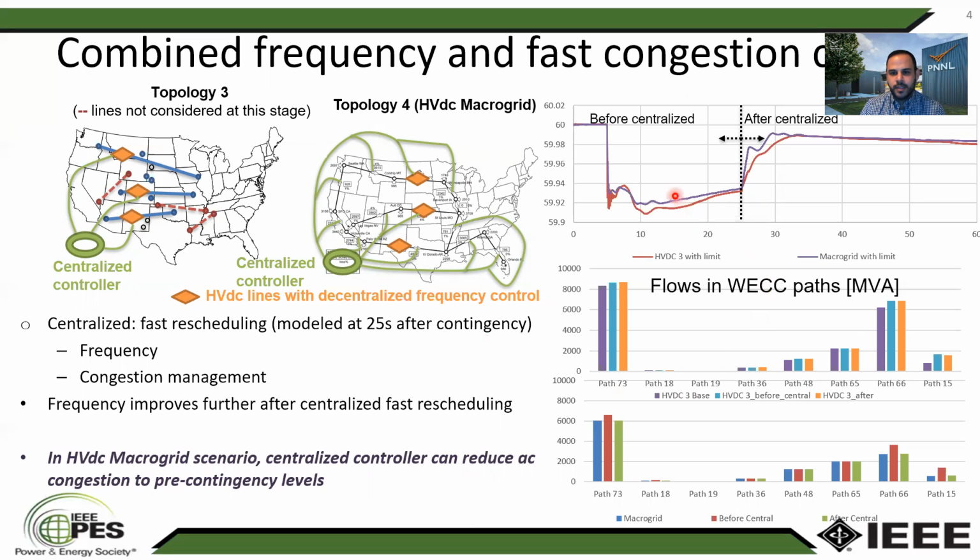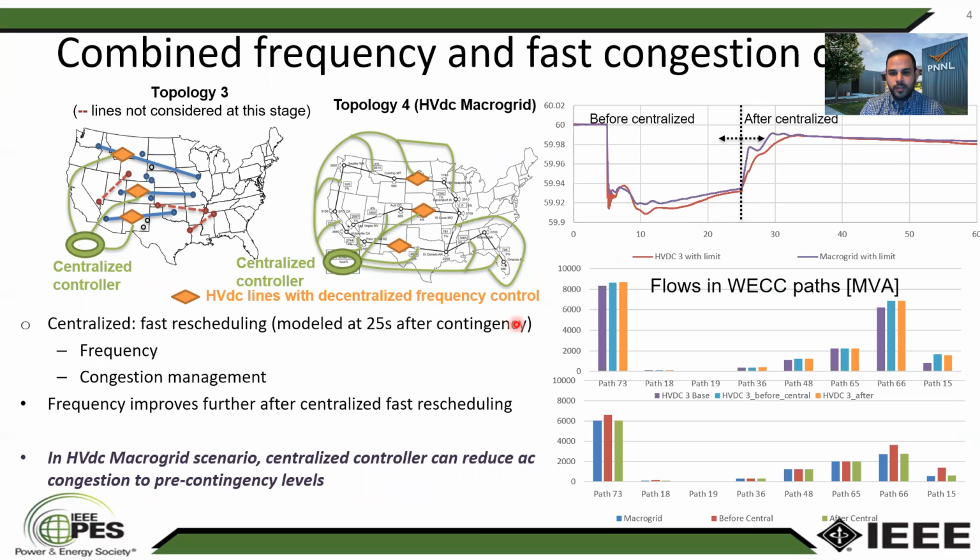In this case, we see, for example, on the top right figure, that before the centralized control, the frequency response is exactly the same as we saw on the previous slide, and after the centralized control, we were able to redispatch these HVDC lines to best suit the system, and we were able to bring the frequency significantly better than before the centralized control.